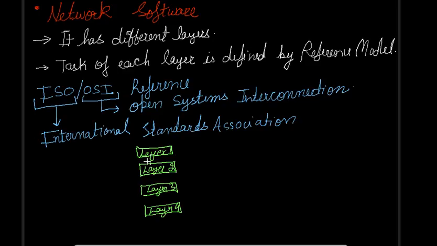So these layers can interact with each other, right? So this is the network software and its different layers. So we will now study about the different layers that we have in the ISO OSI reference model.